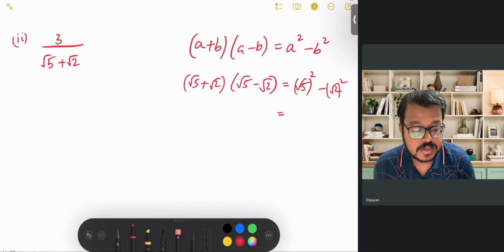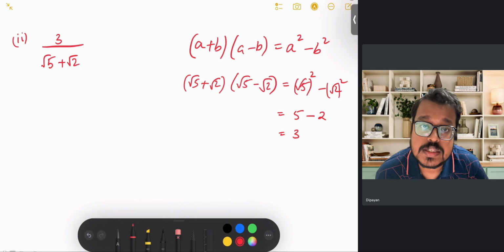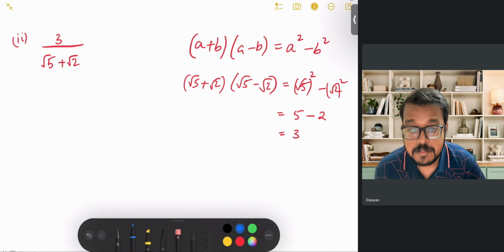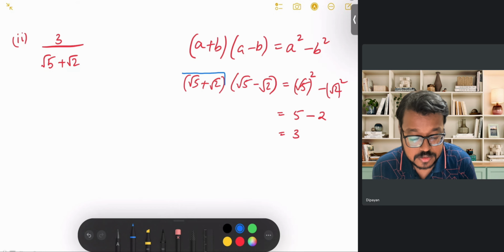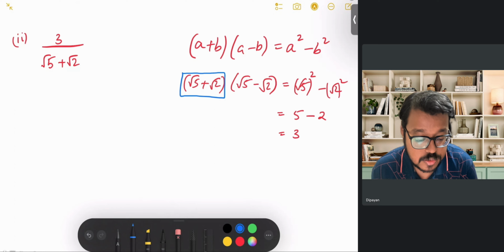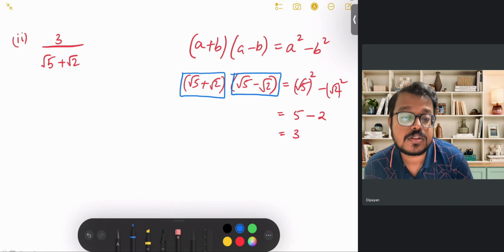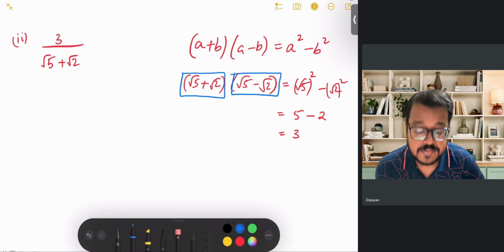And root 5 square is 5, root 2 square is 2, 5 minus 2 is 3, and 3 is rational. Therefore, if I want to make root 5 plus root 2 rational somehow by multiplying with a number, the suitable number can be root 5 minus root 2. So I will say root 5 minus root 2 was my rationalizing factor.